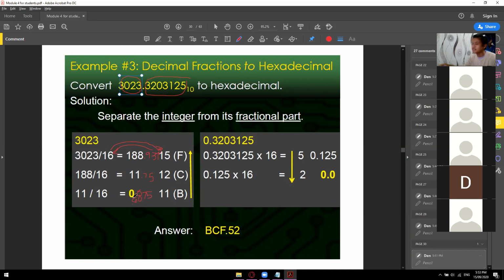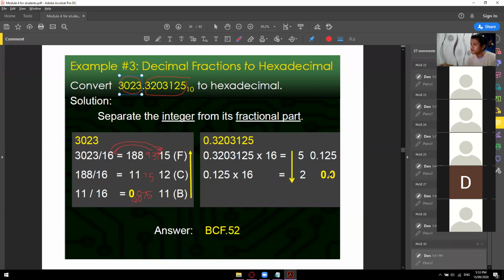So 0.6875 times 16, you will get 11, and in hexadecimal, 11 is letter B. Whatever you get in the integer part, that is it. So BCF. Put BCF here, and then a dot.